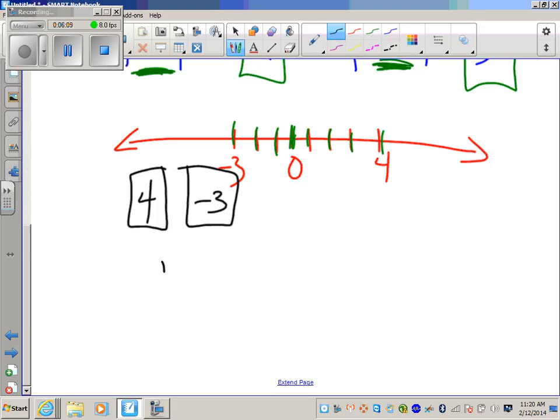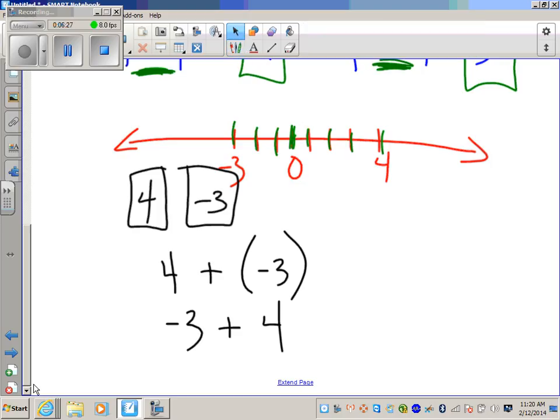I could say 4 plus a negative 3, or I could say negative 3 plus a 4. Now, is my 3 still negative? Yep. My 4, is it still positive? Yeah. How do you know it's positive? It doesn't have a negative in front of it.